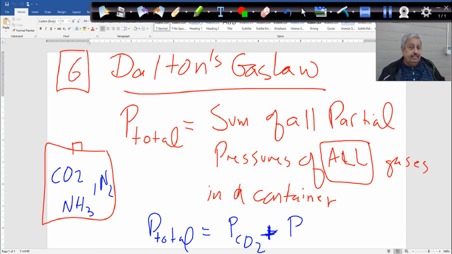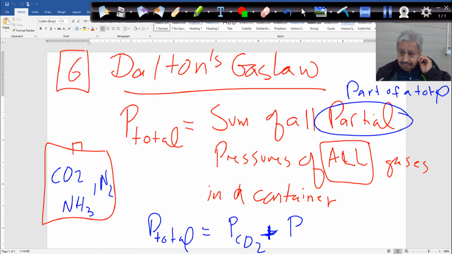correct? Partial means part of the total. The word partial here, part of the total. The partial pressure of nitrogen plus partial pressure of ammonia.